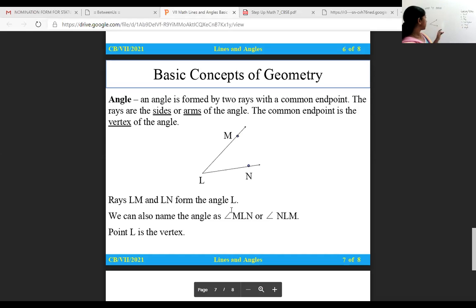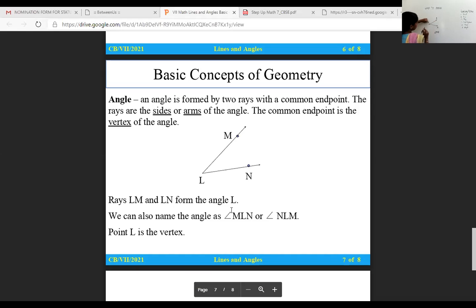So how do you write this one? If the common point is O, and this point is A, and this point is B. How do you represent the angle? The angle is represented by this angle symbol. How do you read it? A, O, B. Always the common point should come in the middle. So we read it as angle AOB.